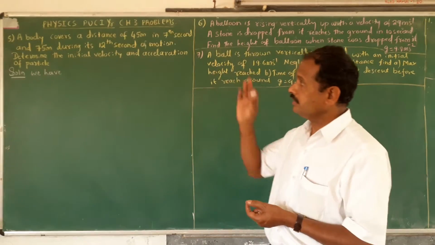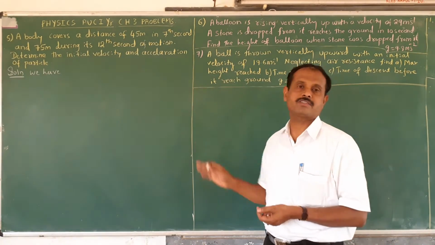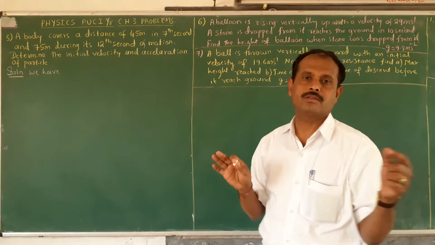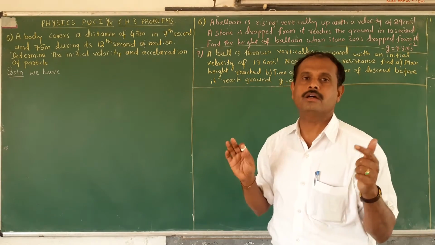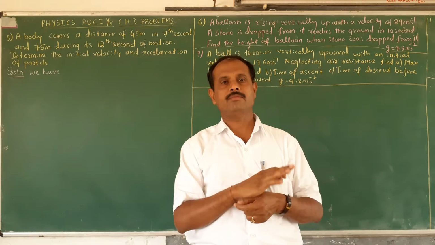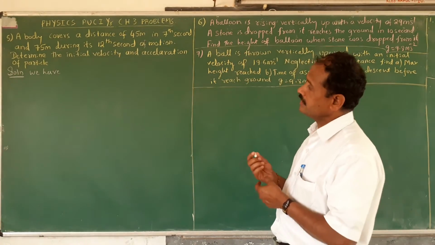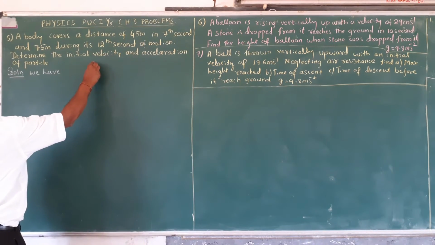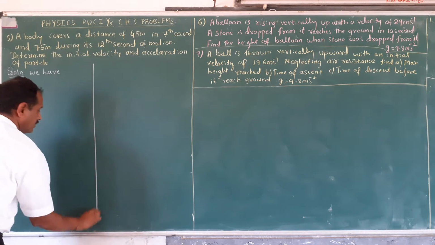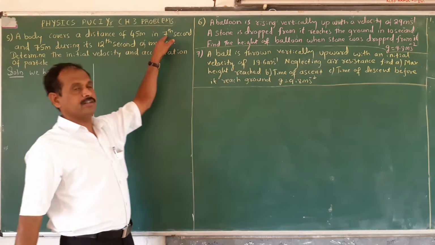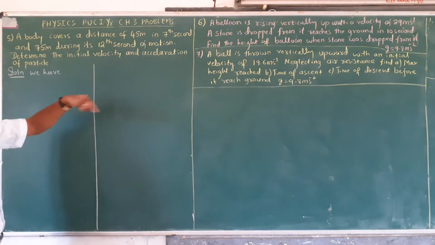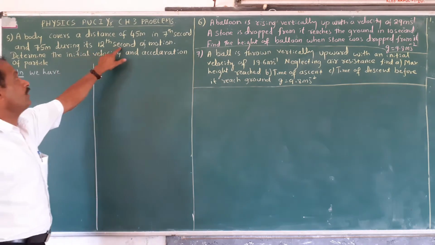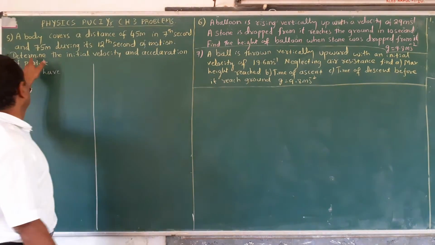Okay, now you read this problem. It is based on all the 3 problems, 5th, 6th, 7th, all the problems are concerned with motion of the particle in one dimension. Yes, you read that one. A body covers a distance of 45 meter in the 7th second, and the same particle covers 75 meter during its 12th second of motion.